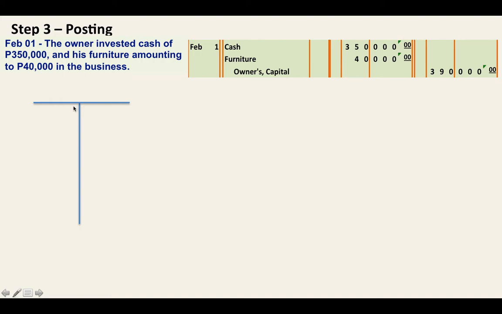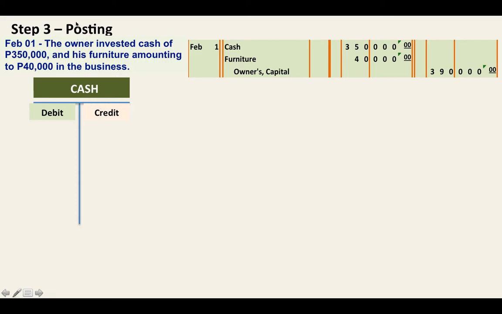So in this case, we will be opening a T account for each account. Our T account will have a debit and credit column. For illustration purposes, we will use the T account to save space.